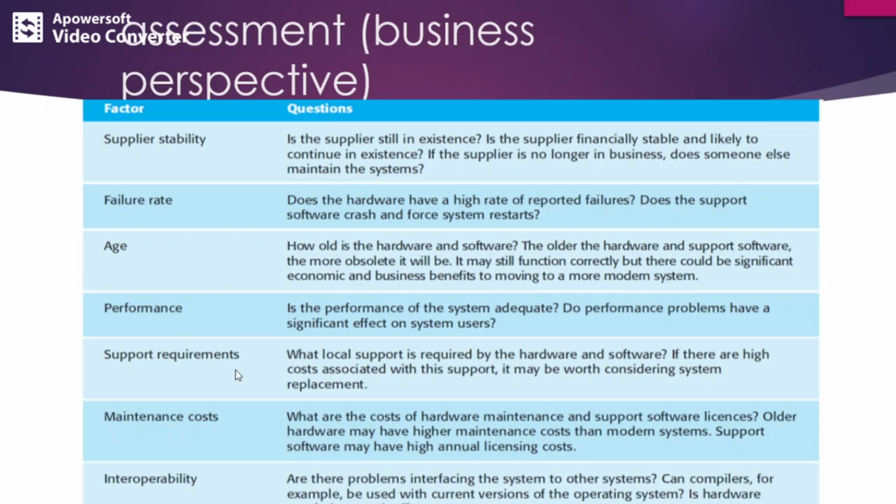Next one is the support requirements. What local support is required by the hardware and software? You need to see what local support is required by the hardware and software. If there are high costs associated with this support, it may be worth considering system replacement.